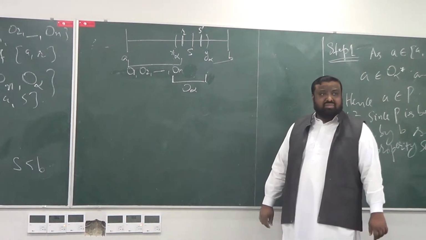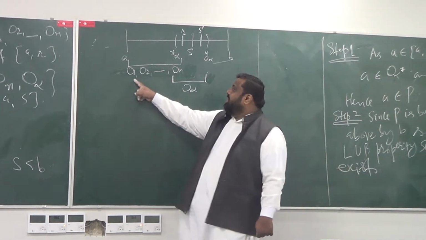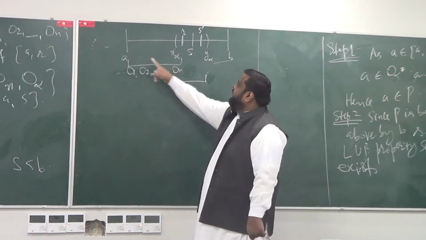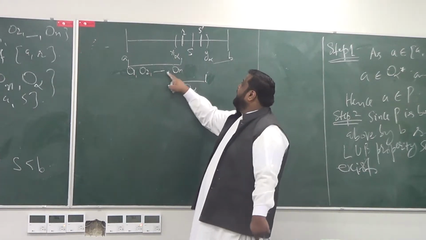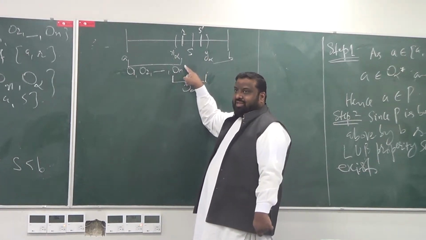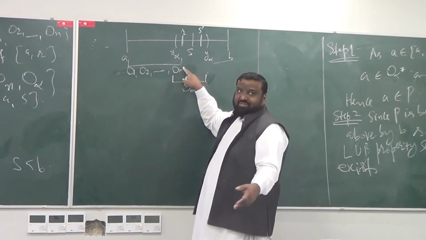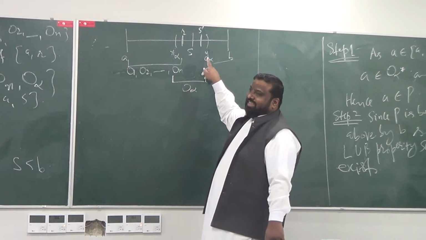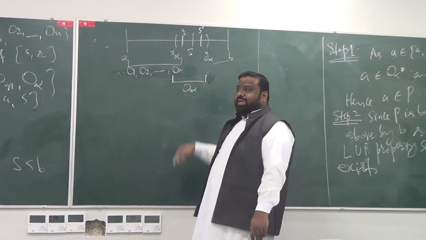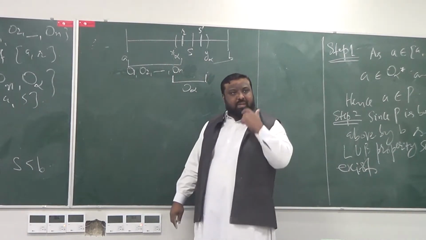Now tell me that O1 to On is covering A to R, because R is in P. It's also covering A to S, because S is in P. We just proved it. But unfortunately, it's also covering A to S prime actually. So what does it mean?